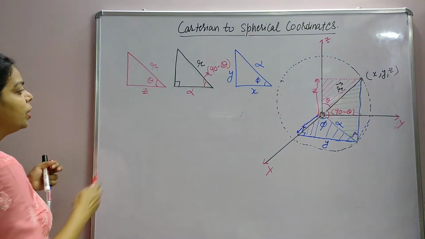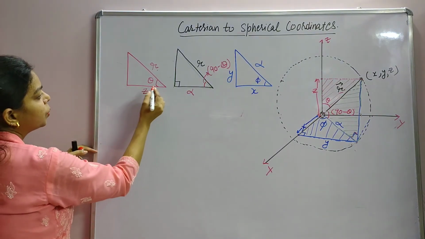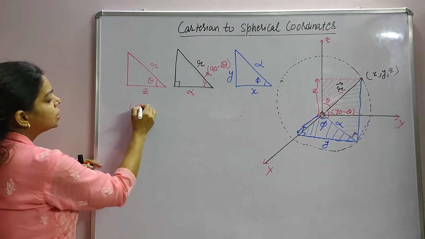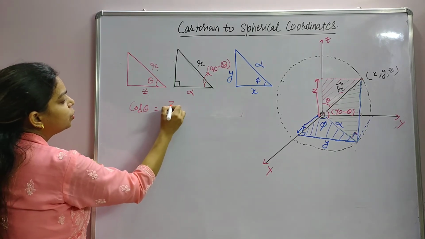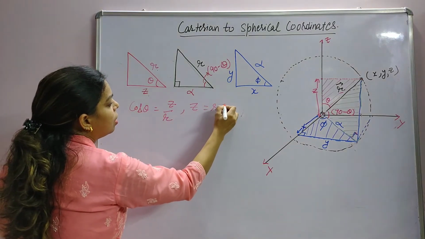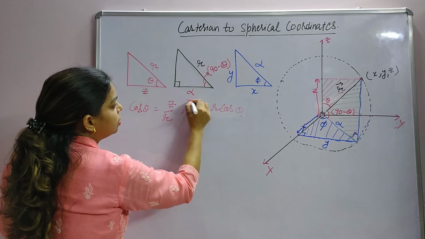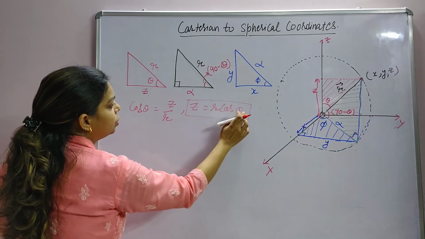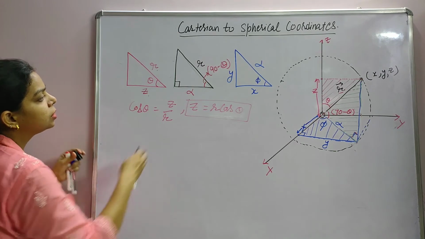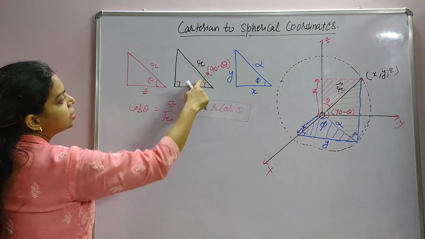So let's calculate from the first triangle. We have base and hypotenuse. I can say cos theta is equal to z upon r, or z is r cos theta directly. That is the first one. Second, from the second triangle, again I have base and hypotenuse.